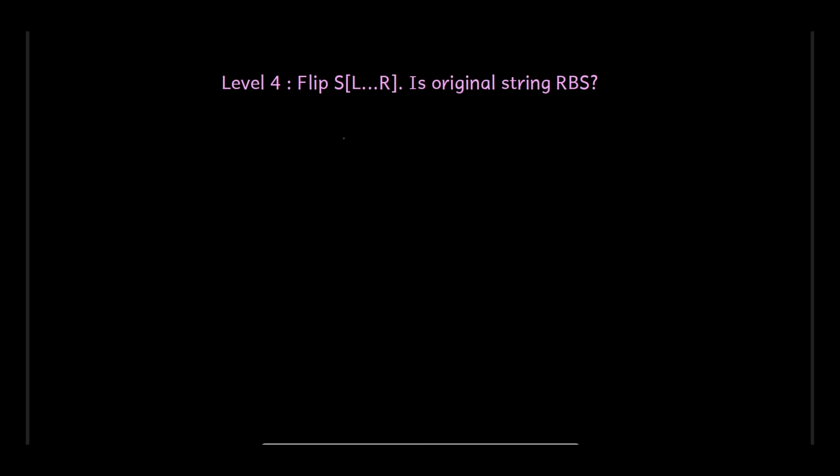That is, if this subarray L to R looks like this, opening, closing, opening, closing, something like that, then you can flip everything. So this opening is converted to closing, this opening is converted to closing, this closing is converted to opening, and so on. So after doing this flip, is the original string an RBS or not? And you can assume that the original string was indeed an RBS, otherwise the answer will of course be no.